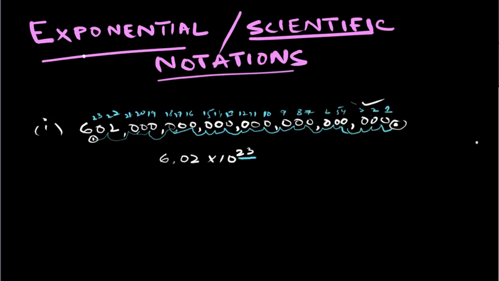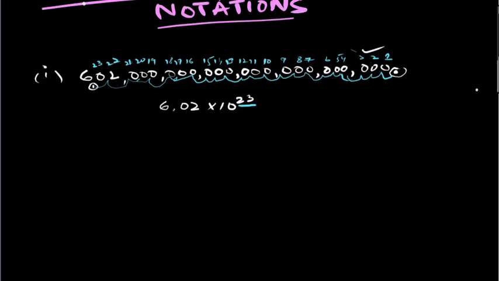This is very easy. Let me explain it with a simpler number. Suppose I have the number 1000. The decimal point is right here. How many decimal places will it have to move for scientific notation?